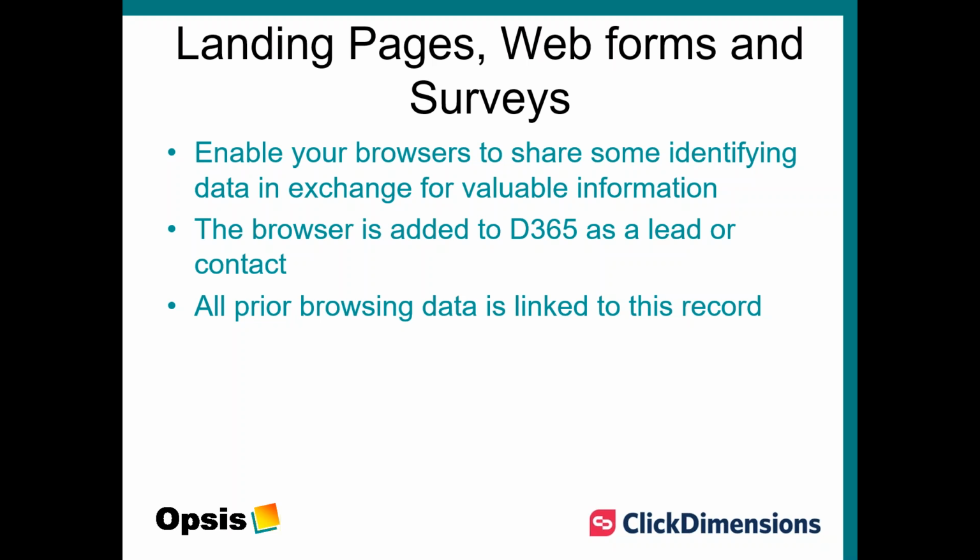So what functionality we're now using is the landing pages, web forms, and surveys within ClickDimensions. So all of those are different ways that we get information from our prospects.